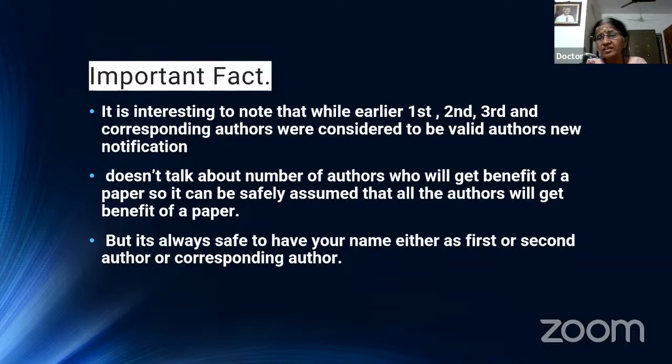You may not get the credit for publication because you do not know, NMC rules might keep on changing. They may say you must only become first author or second author or the corresponding. So to be safe, whatever publication you send, you should either be the first or the second author, or you can put your name as a corresponding author. Only then it will be accepted as a publication. That will be the safest.